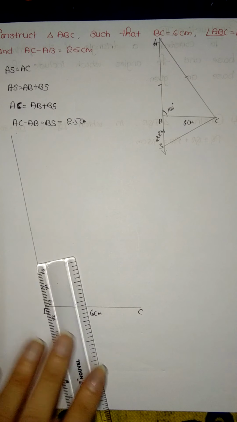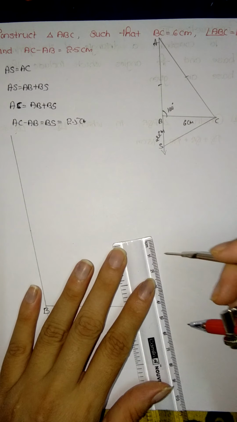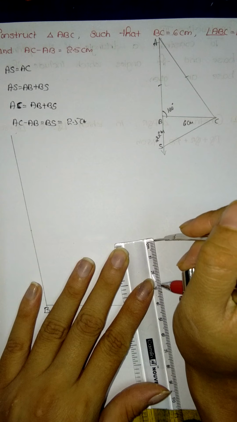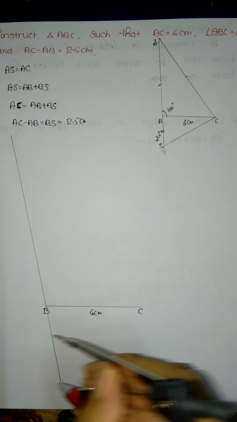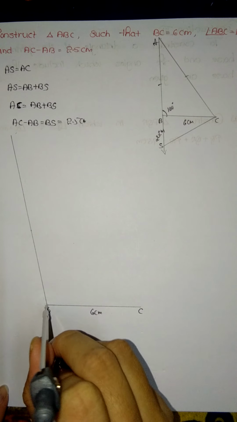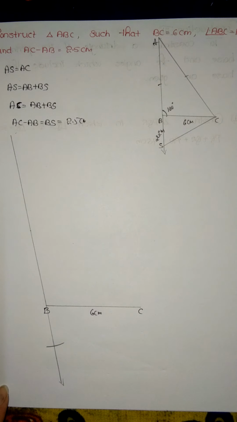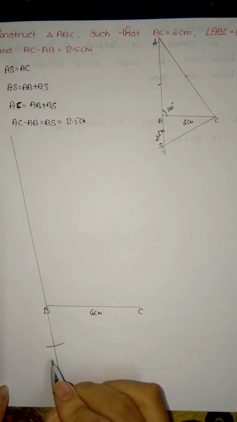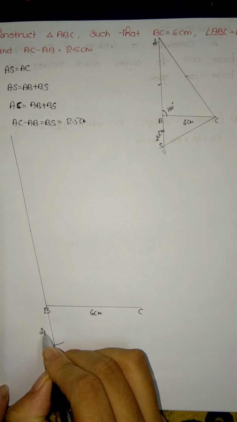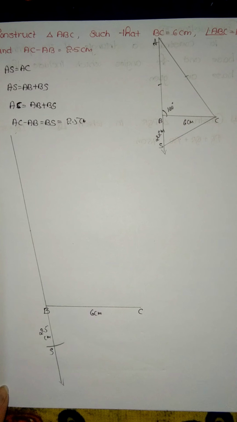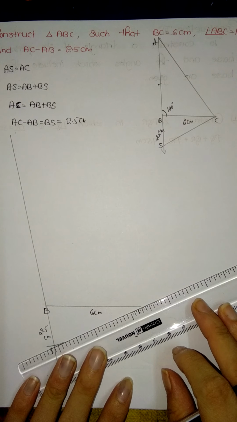Now take the measurement of 2.5 centimeter. Now keep it on B and cut the line, and this point is called S. So here 2.5 centimeter. Now join C and S.